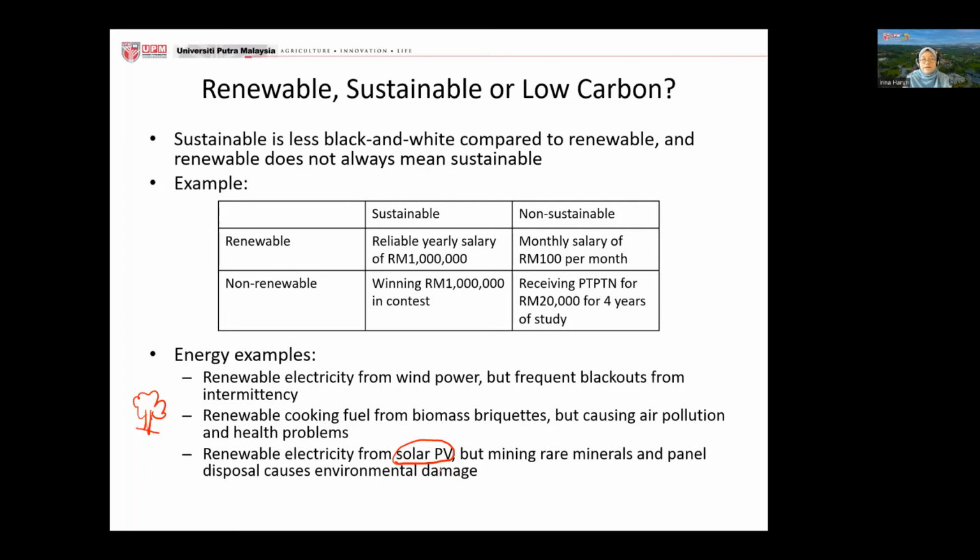There are causes of pollution, maybe also related to deforestation. And you also have to remember that solar PV has its own lifetime. It cannot be used forever. So at the end of its life, you will need to treat this material, and some of the materials, if not properly treated, may cause environmental damage.